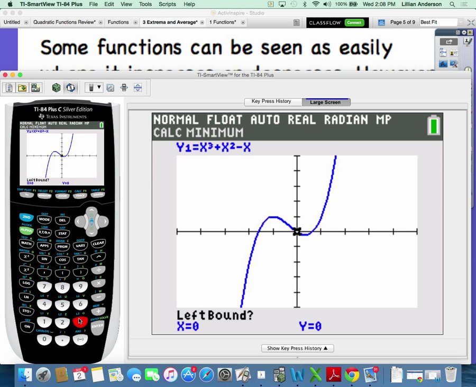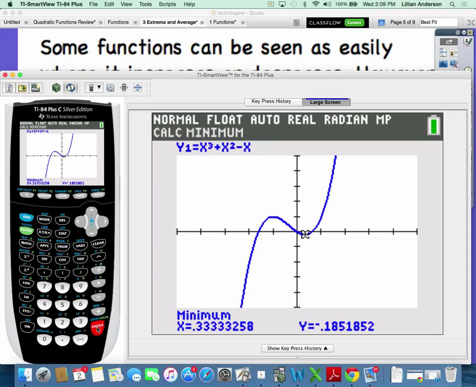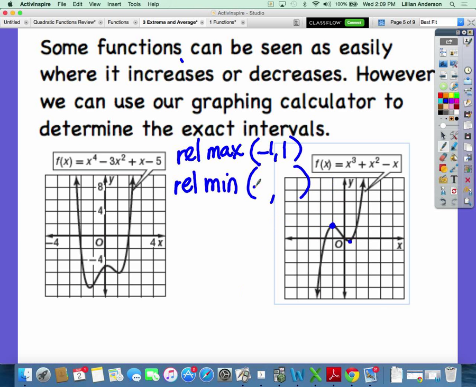The minimum. This is absolute. Because of all 0.33 and negative 0.19. Yeah. Absolute.